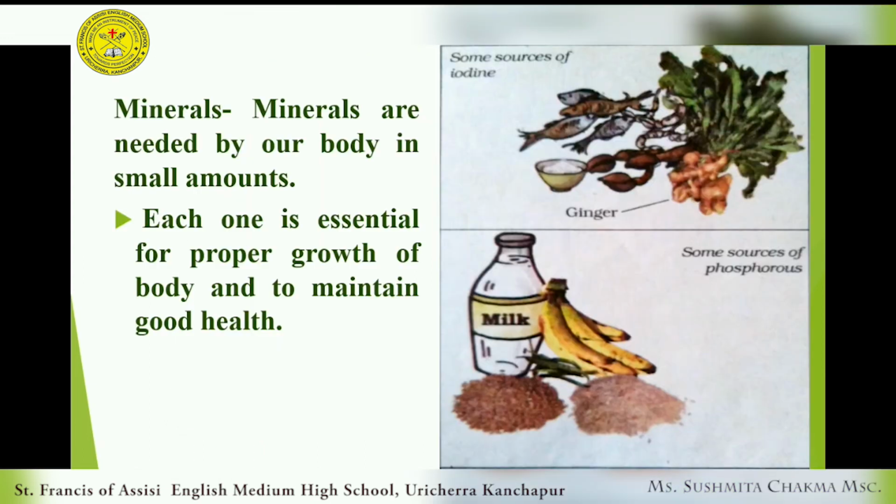Now minerals. Minerals are needed by our body in a small amount. Each one is essential for proper growth of the body and also to maintain good health. Under these minerals there are some sources of iodine, some sources of phosphorus.